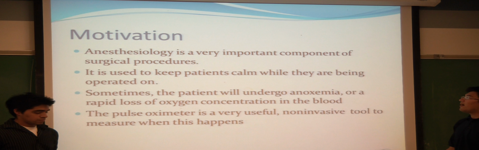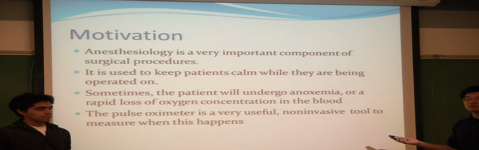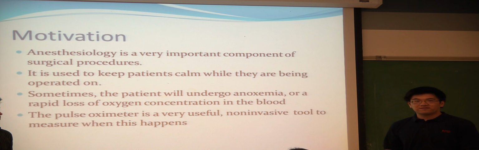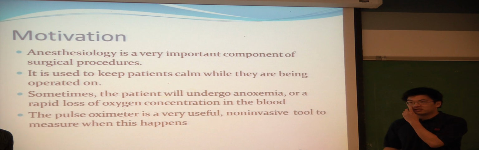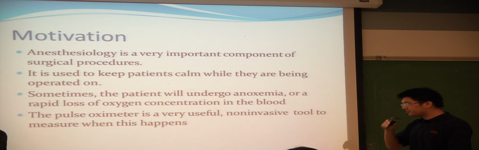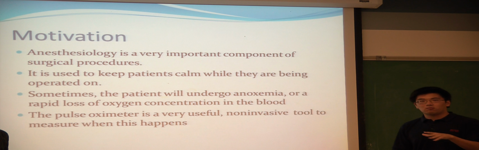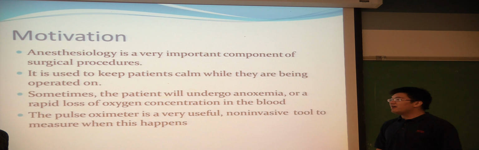As for the motivation as to why we were studying the pulse oximeter, anesthesiology is very important for keeping patients calm while we're doing operations on them. And it's very important to keep all of their chemical levels stable.